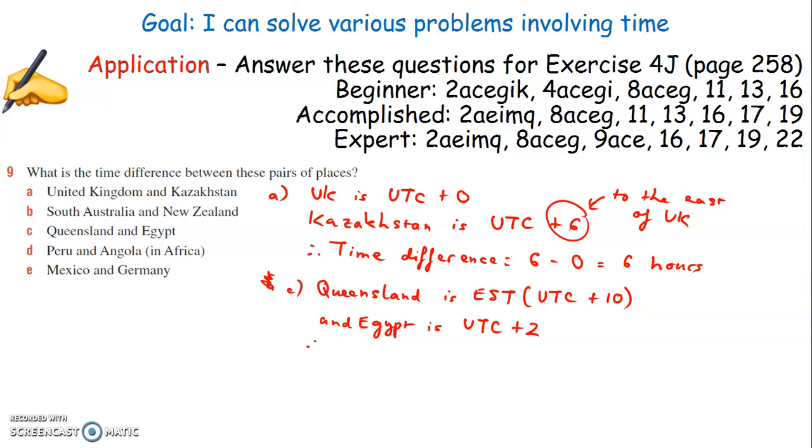Okay, so time difference. We take 10 and we subtract 2. Positive 10 subtract positive 2, and that means the time difference is 8 hours. So Queensland is 8 hours ahead of Egypt.